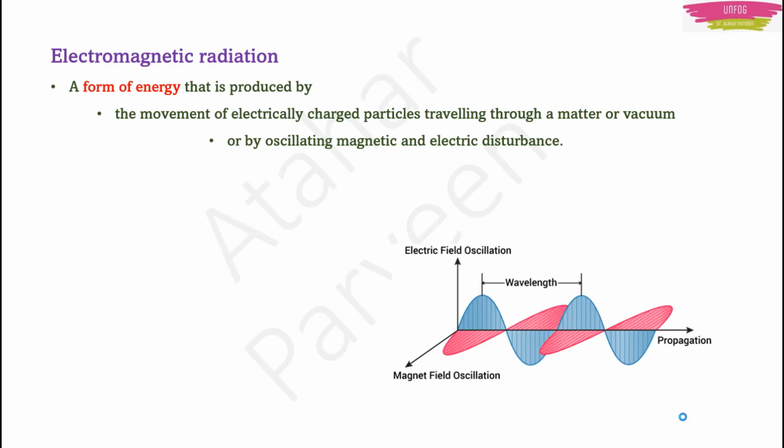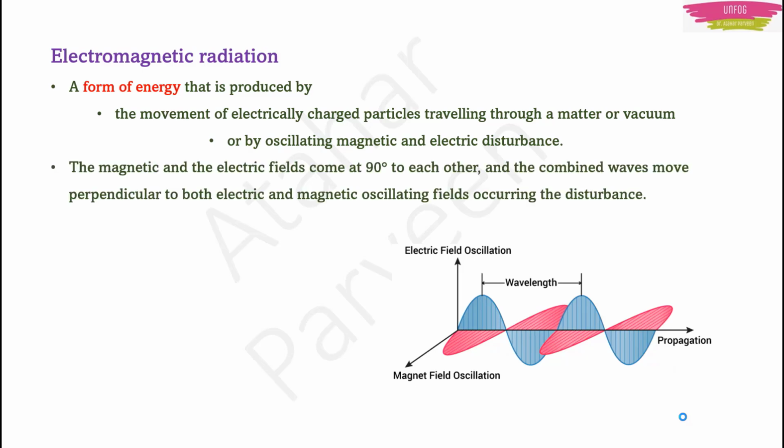You can see this picture. This is the best picture which portrays electromagnetic radiation. Here you can see there are two types of disturbances. One is the electric field, the other is the magnetic field. These magnetic and electric fields come at 90 degrees to each other. They combine together and move together, but they are perpendicular to each other.